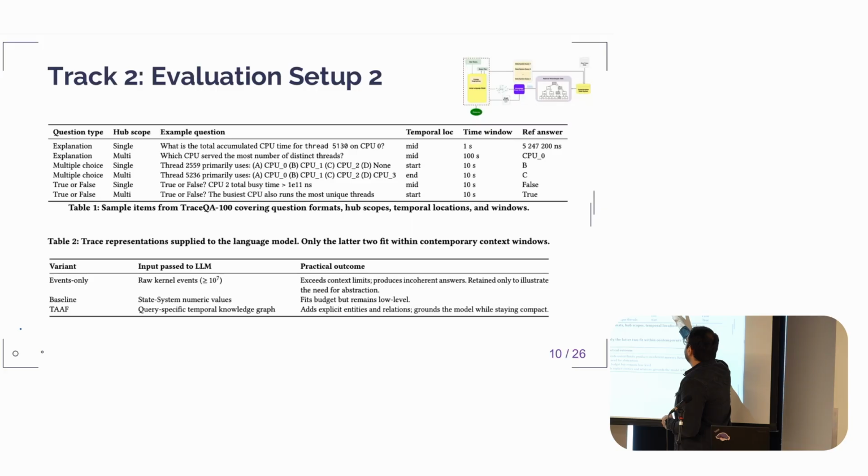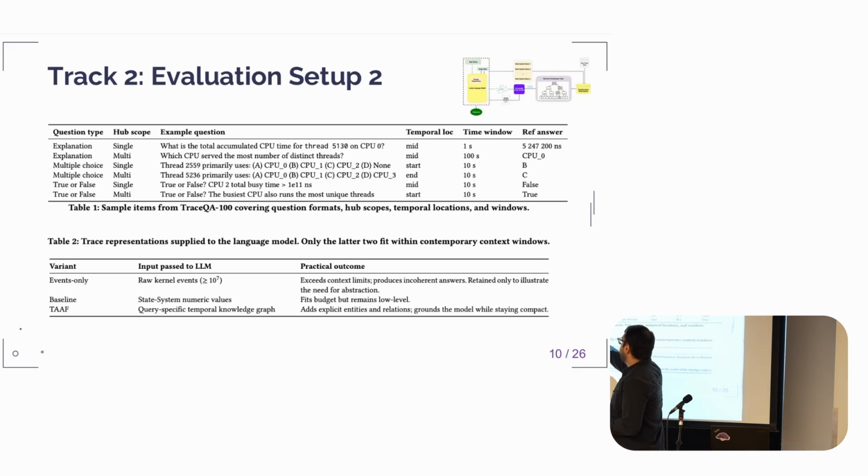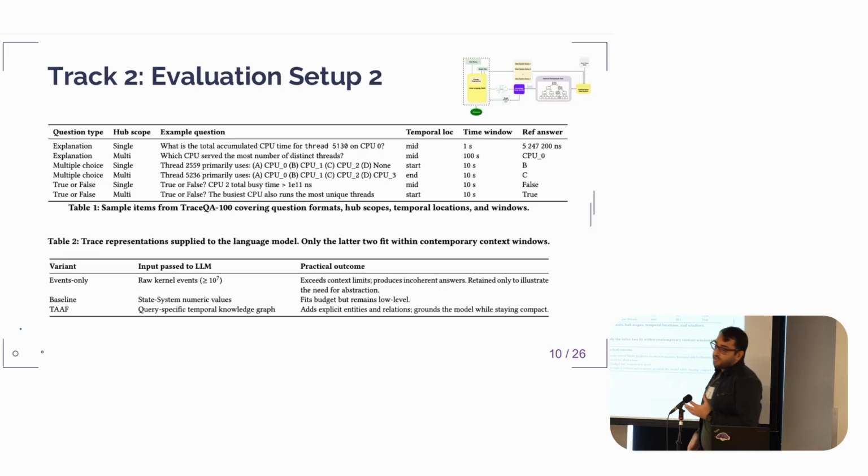And we are asking this question from 1 second of data from the middle of the trace. And here we have the reference answer for that. Another question would be true or false: the busiest CPU also runs the most number of unique threads. So this is a multi-hop question because it requires reasoning across multiple entities and multiple relationships in the system.